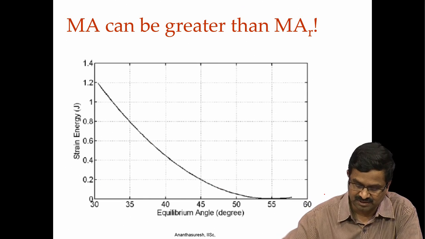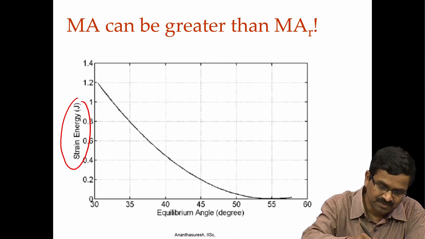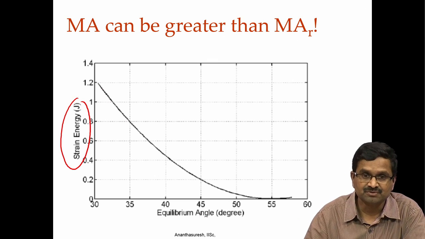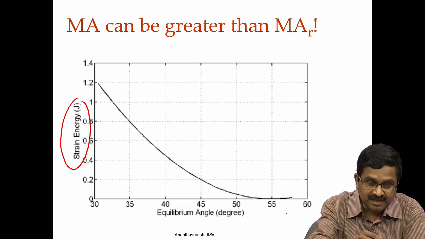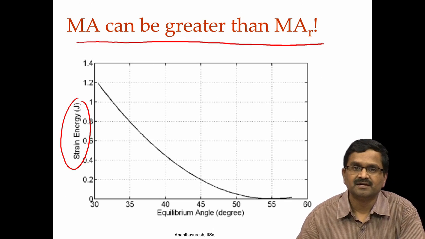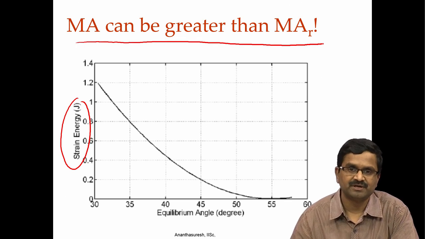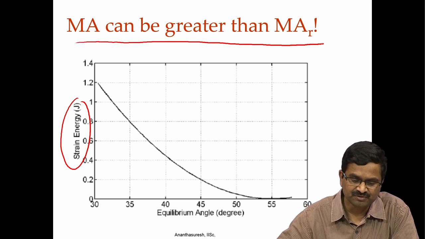Then it is possible, and that is exactly what is shown here. So, strain energy here should be decreasing as you deform the mechanism. Okay. So, in that case mechanical advantage can be greater than the rigid body or kinematic component of the mechanical advantage of the compliant mechanism. So, how do we do that?